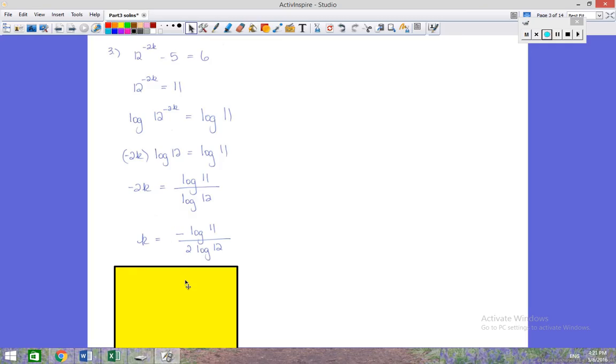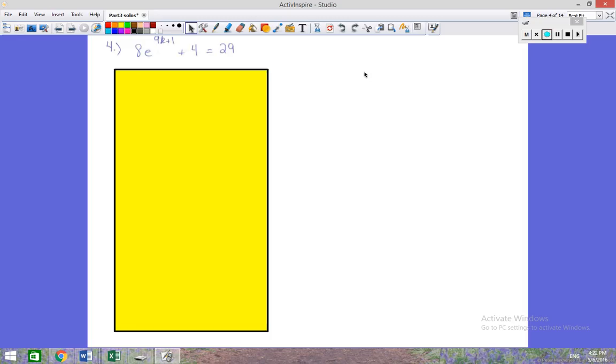I now go to my calculator. I key that in, and I believe it said to round to the nearest 10,000th. That's 4 decimals. I fixed my calculator to round for me, and so my final answer for this is negative 0.4825. So I hope I keyed that in correctly into my calculator.